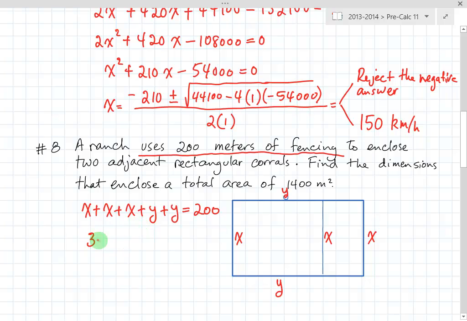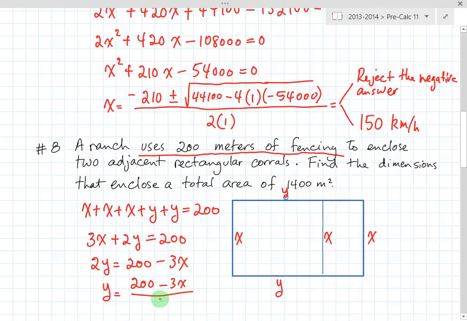I have 3x plus 2y, that's equal to 200. I'm going to subtract 3x from both sides, so 2y becomes 200 minus 3x. I'm going to divide both sides by 2, and y is equal to (200 minus 3x) divided by 2.